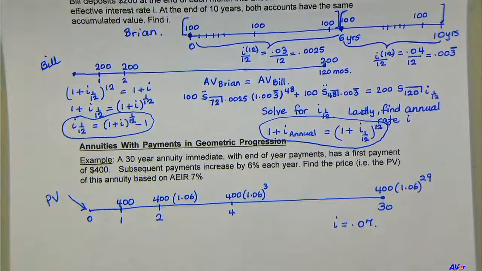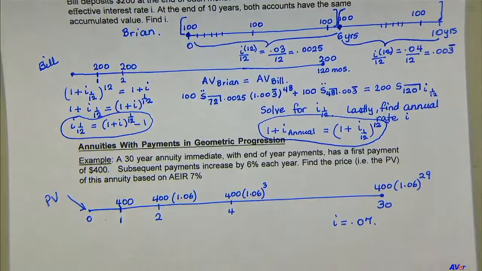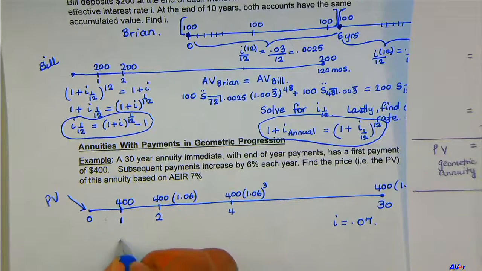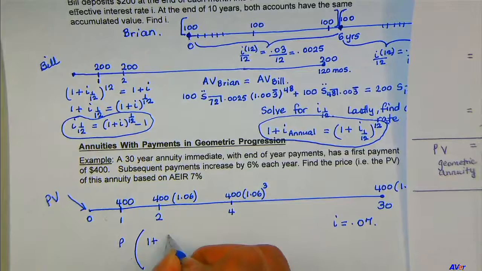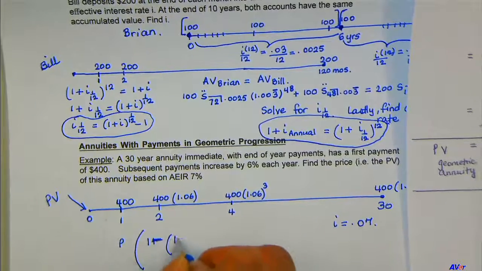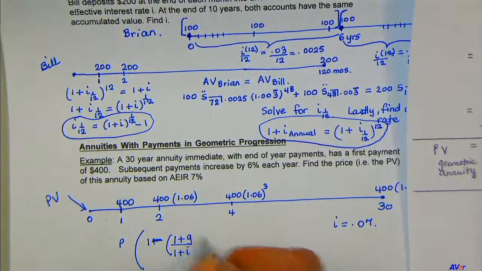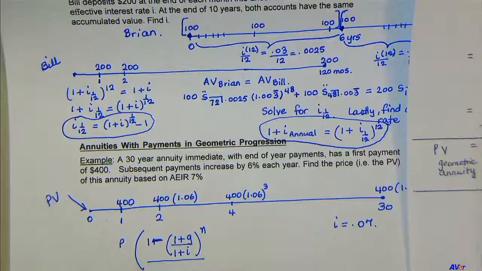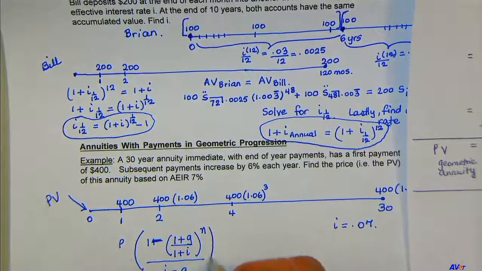It says find the present value or the price. So I'm using this formula: P times 1 minus (1 plus G over 1 plus I) to the n, over I minus G. And then it's just a plug-in.